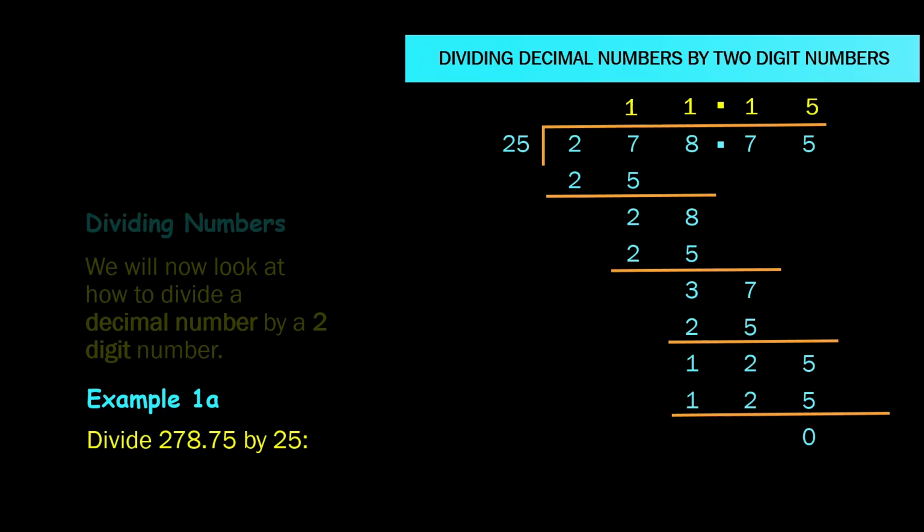We stop dividing when we get a 0 remainder, and therefore 278.75 divided by 25 equals 11.15.